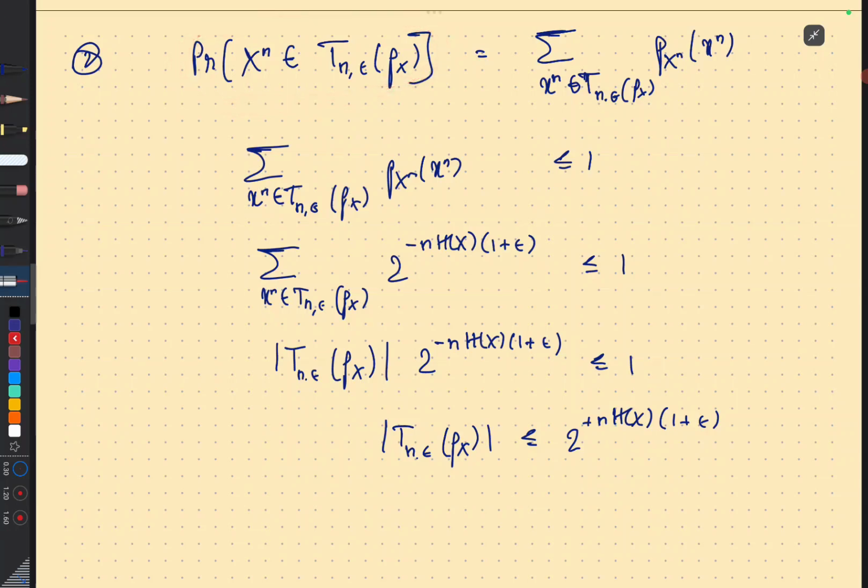What do we know about this particular probability? As n tends to infinity, what can you say about this quantity? It goes to 1, right? Because we've shown that the probability that Xn is not in the typical set goes to 0 exponentially fast.